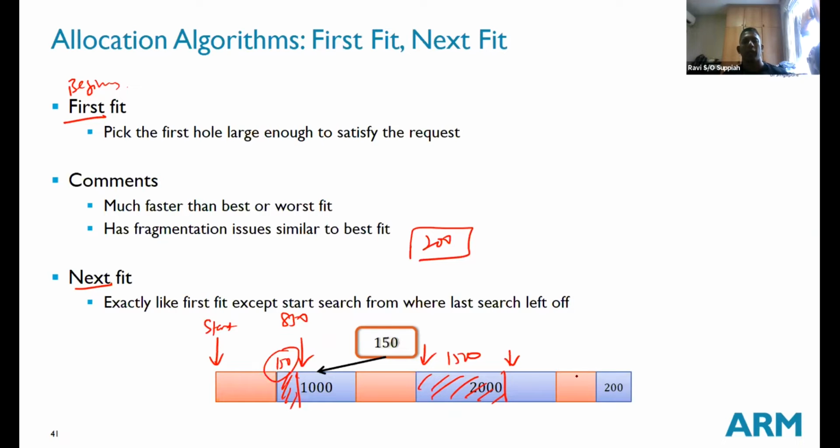So if I search now for 500, if I choose first fit, I will allocate over here. If I choose next fit, I would have allocated over here. Again, I'm just assuming that I'm not considering the overheads of the pointers. I'm just looking at the actual data that I need.